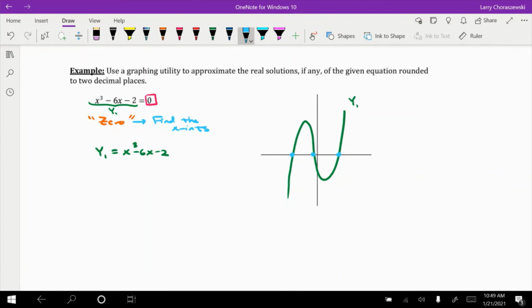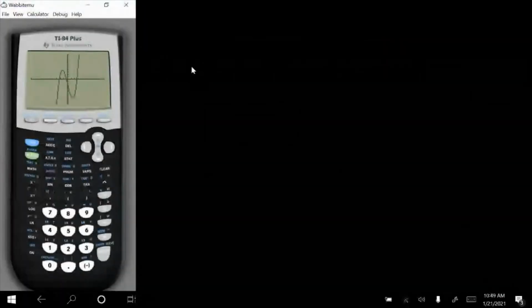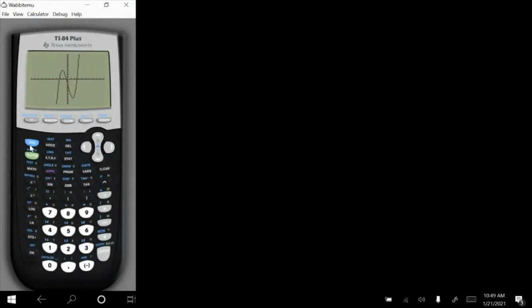And with each x-intercept, we have to repeat the process. And I usually go in order from left to right. So the first x-intercept I'll find along with you is this one. And we'll go to the graphing calculator. And for the zero feature, you hit second trace, and you select option 2.